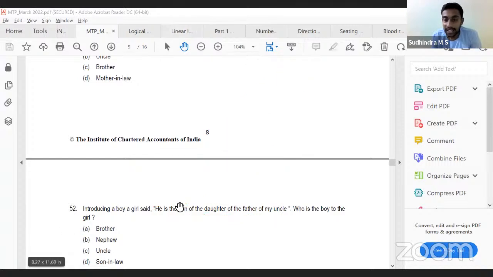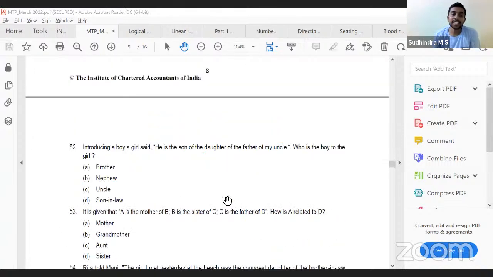Next. It is given that A is the mother of B, B is the sister of C, C is the father of D. How is A related to D? Grandmother.